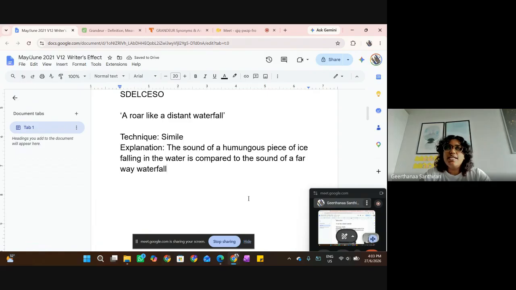Okay, why distant? It's trying to say that it's dangerous, right? Like roar, you know, it's dangerous, waterfall is dangerous, but I suppose distant makes you think of distance. Oh, the landscape is actually very large, very wide. There's a lot of space. That's why it's far away.